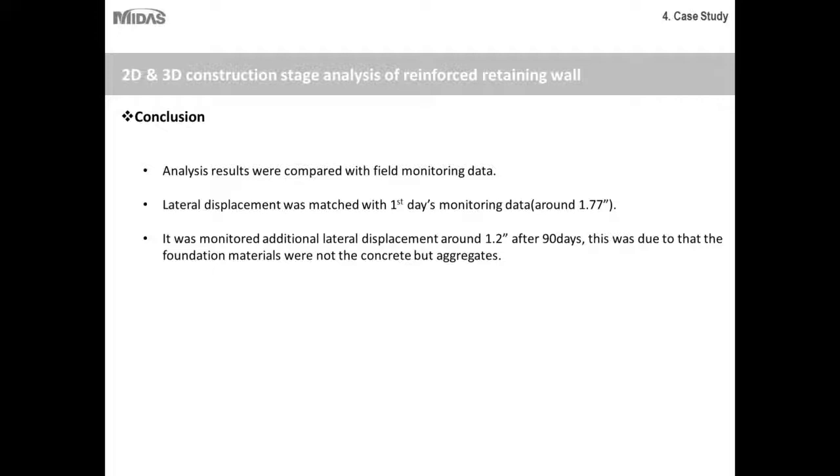Then it was monitored that additional lateral displacement of around 1.2 inches occurred after 90 days, and this was due to the foundation material not being concrete but aggregates. Now it is quite obvious, it's not very hard to understand that if your foundation is not concrete and not monolithic with your wall member, then it is highly likely to have an additional lateral displacement as the soil stabilizes or the stresses are relieved or the soil is consolidated, and that's why we were having higher member forces in the lower reinforcements.